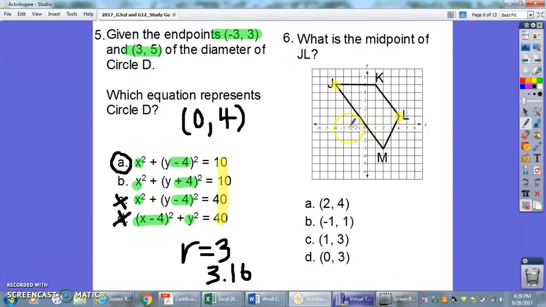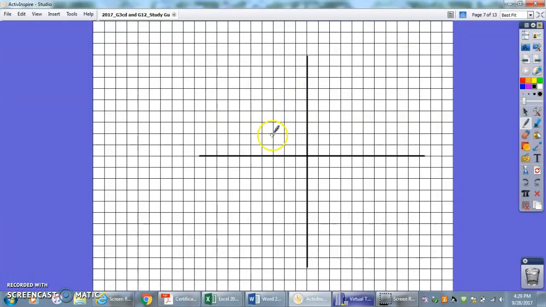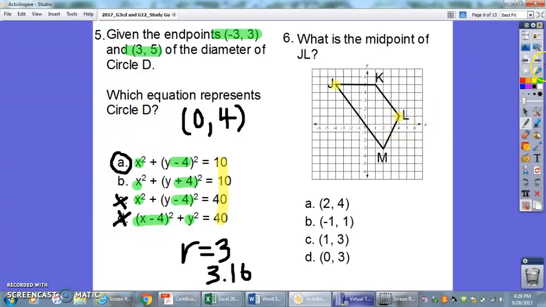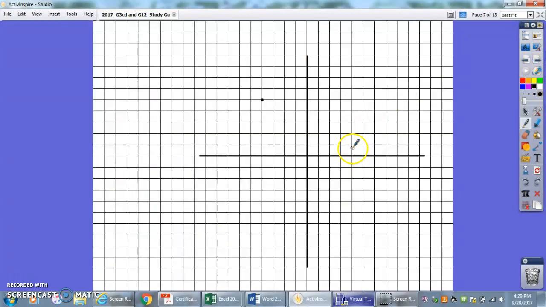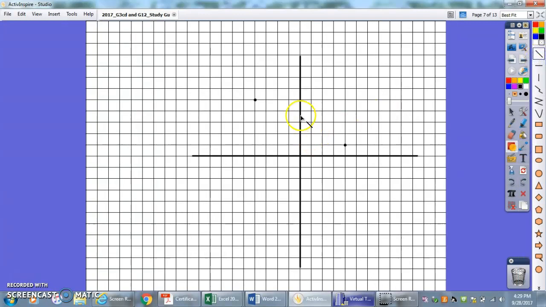You have to make sure that you do this right. I'll read the graph: -4, 5. Now next is L, 4, 1. Now we connect it with a straight line. Your job is to find the midpoint.